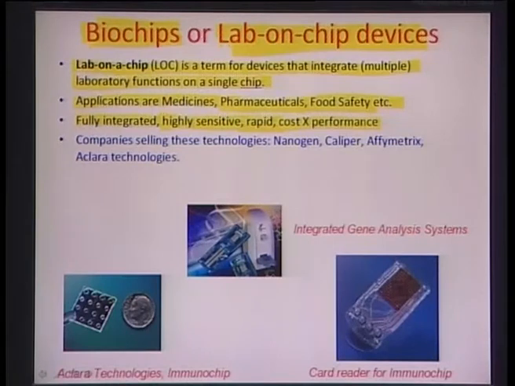Okay, so some of the companies selling these technologies across the globe, to name a few: Nanogen, Caliper Technologies, Affymetrix, Aclara Technologies, so on and so forth. And essentially these two companies, Nanogen and Affymetrix, are selling or catering to the whole diagnostics industry by selling gene identification platforms.